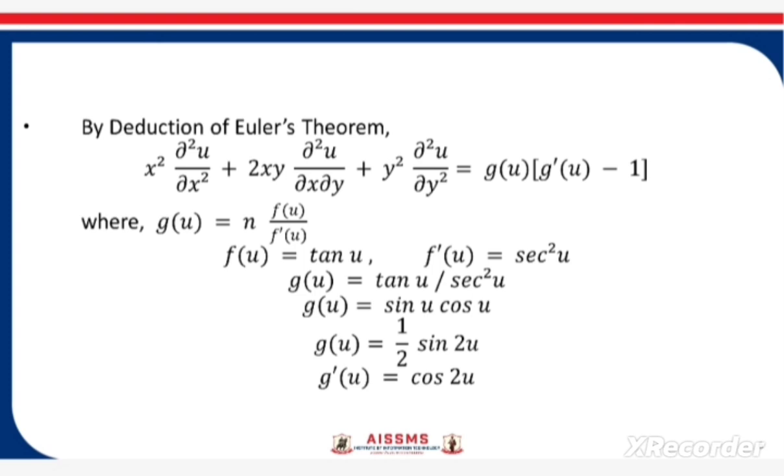We know that 2 sine u cos u is sine 2u. So g of u equals 1 upon 2 sine 2u. Again we need to find the derivative of g of u. 1 upon 2 is constant, and the derivative of sine 2u is cos 2u into 2. So the 2 gets cancelled, and we get g dash of u equals cos 2u.